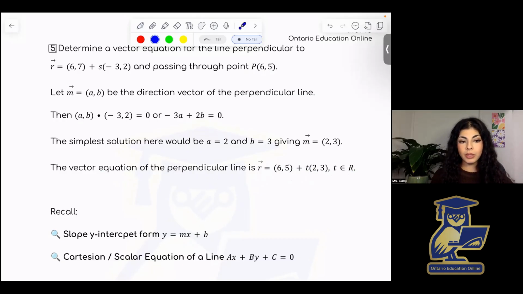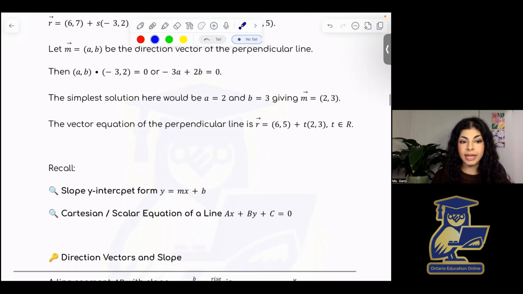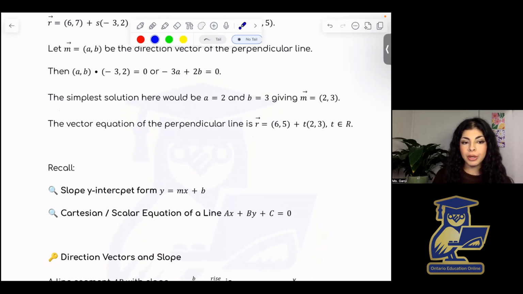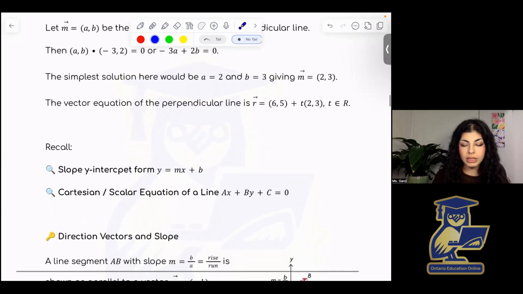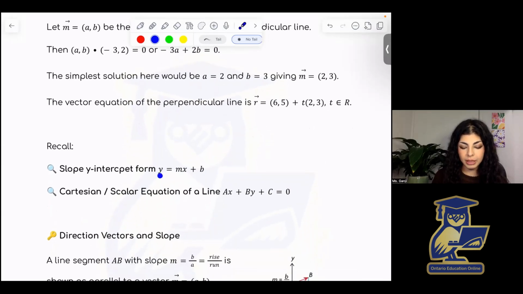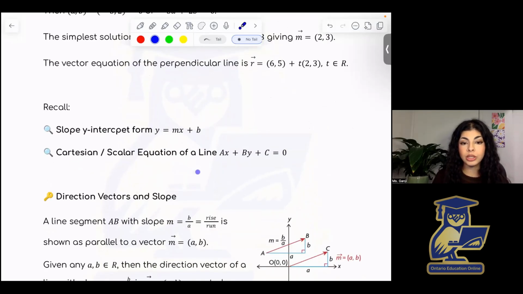And now I'm going to make a connection to our linear lines. If you remember, lines in y-intercept form are given by y equals mx plus b, and the reason is that your y-intercept is given right there by b. We also had the Cartesian or scalar equation of a line. You move all the variables to one side and multiply through.